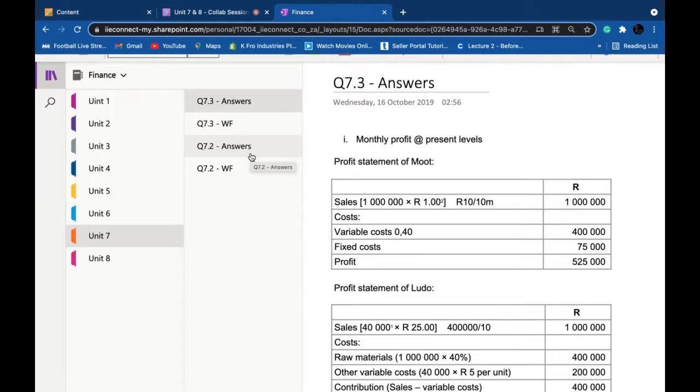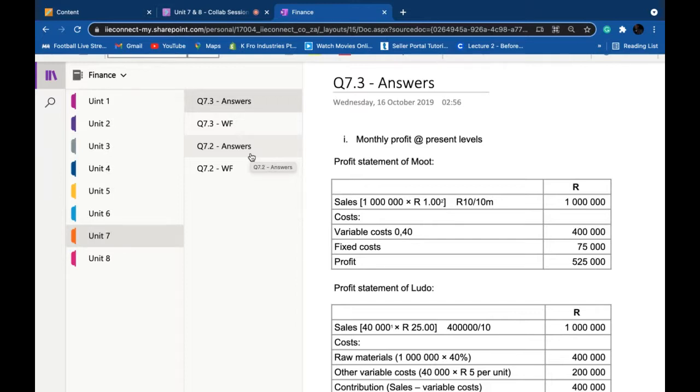Calculate the monthly profit position of Ludo and Moot if the sales of Ludo are maintained at the present level. Calculate the monthly profit position of Ludo and Moot if the sales of Ludo are at a higher sales level. Comment on the use of market price as the transfer price.